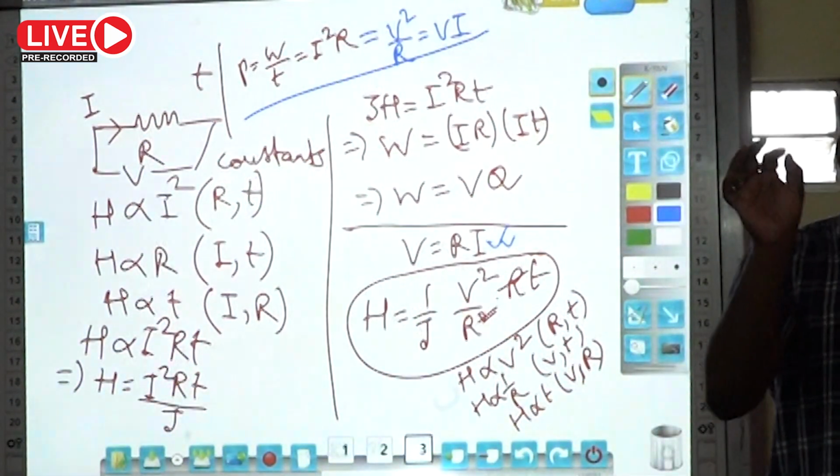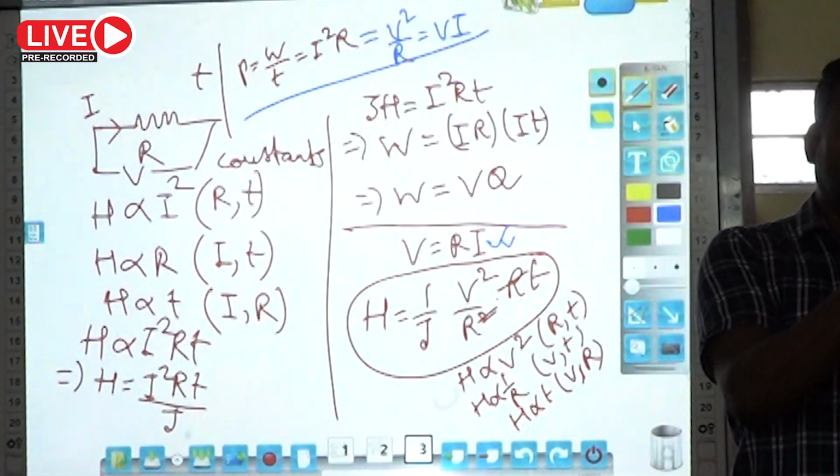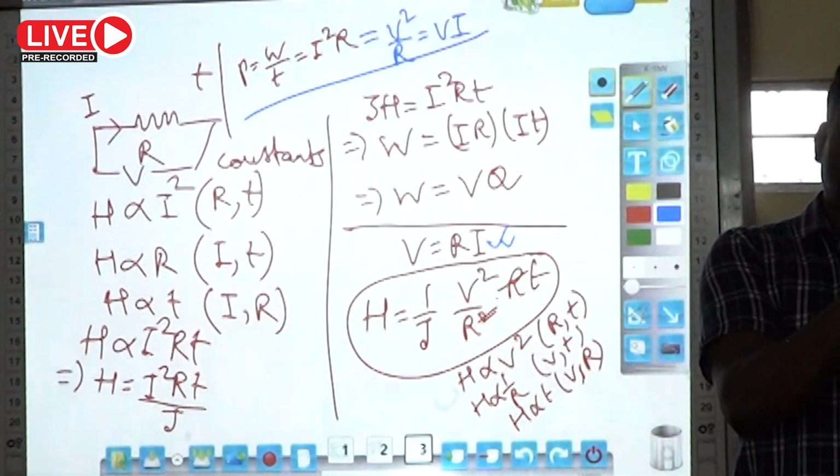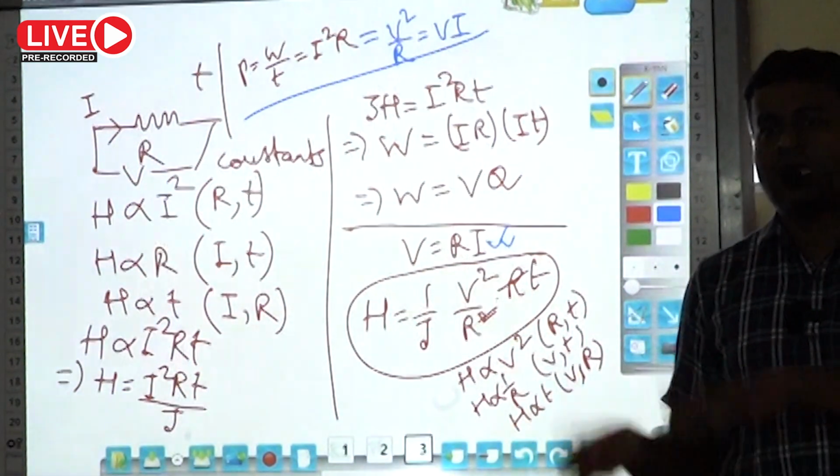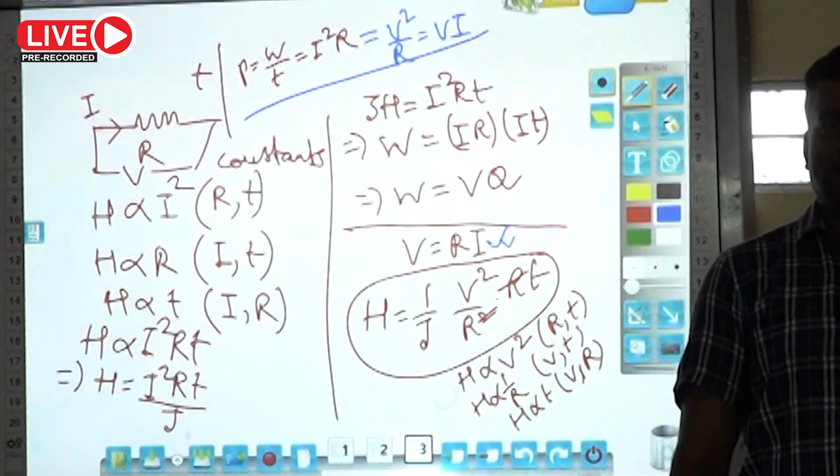Means the cell is given, first you connect the first resistor R1, then remove this and connect the second resistor R2.